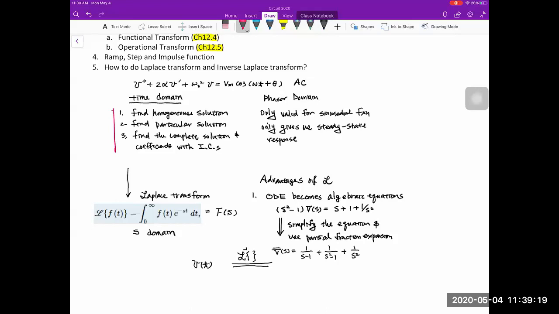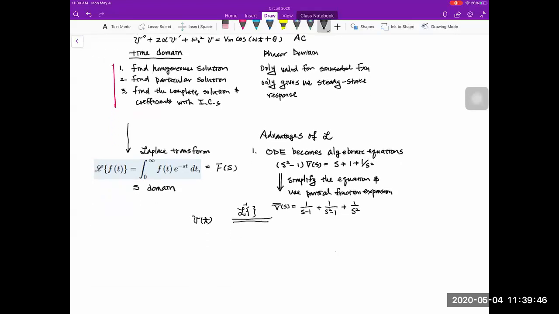If you do Laplace transform and you know how to use Laplace transform, that might just spend like 15 minutes to solve it. But you have to go through a transformation, you look at the table, and you can find a solution in this way. Both methods should give you the same result. That's the first advantage. The second advantage of this Laplace transform is this.